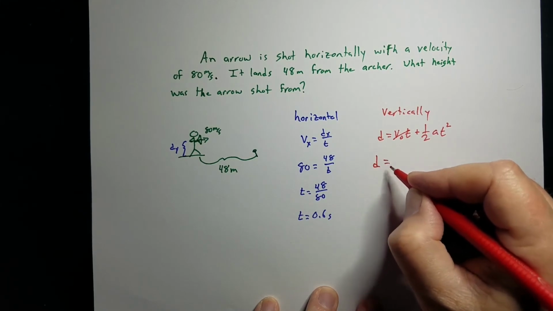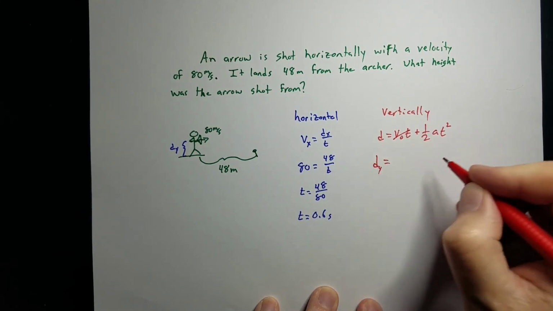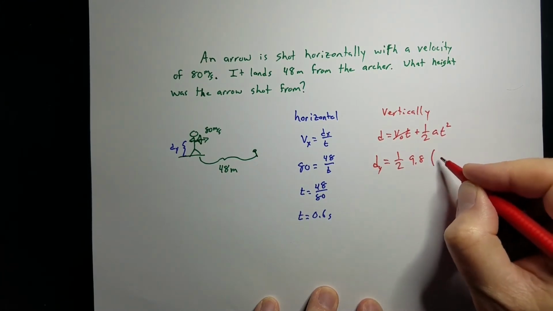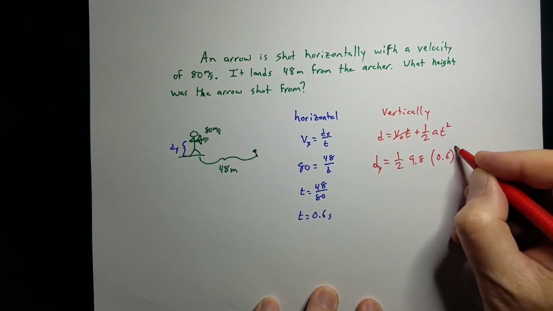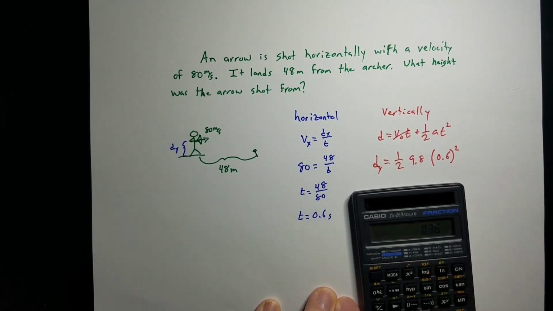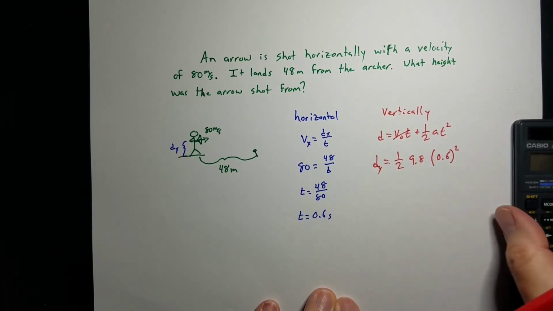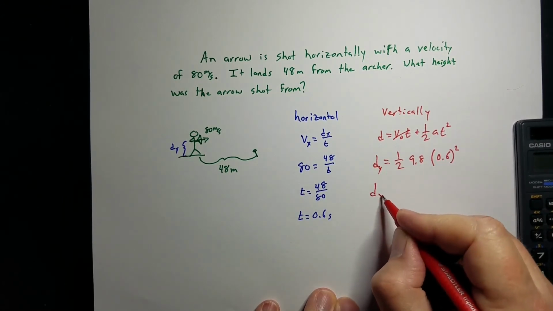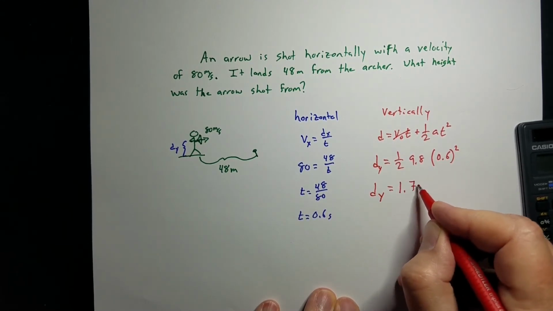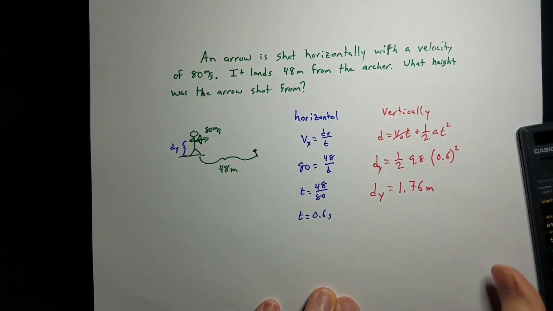So we're looking for the height it falls from, that will be our dy. Gravity's 9.8, and it fell for a time of 0.6 seconds, and that's squared. So square that times 9.8 divided by 2. We get that the height it was launched from was 1.76 meters.